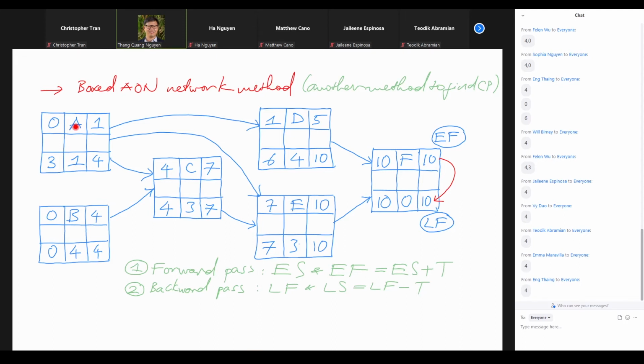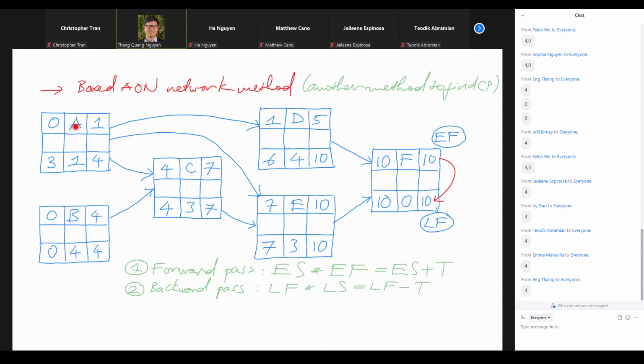So in this case, we call A a slack. We call it a slack because we can delay it without affecting the project schedule, right? So A is a slack, and it has a slack time of 3 weeks. So the 3 weeks is a time limit that we can delay A by, right?